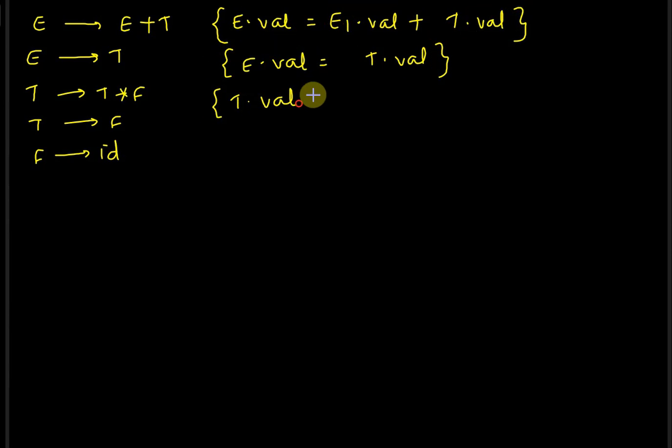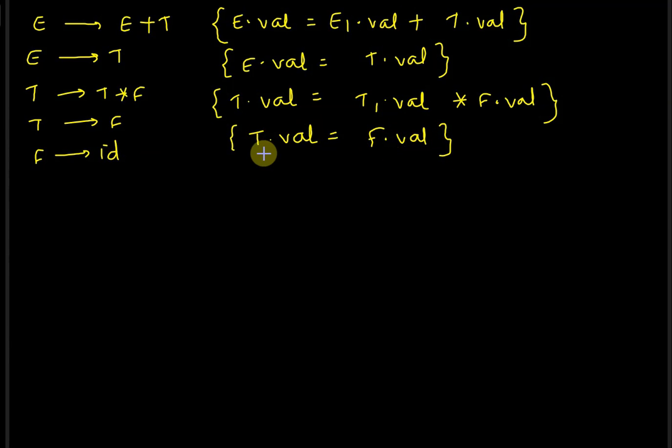T dot val is equal to T1 dot val into F dot val. For this it is T dot val is equal to F dot val, and finally for F gives ID, F dot val is equal to ID dot val.